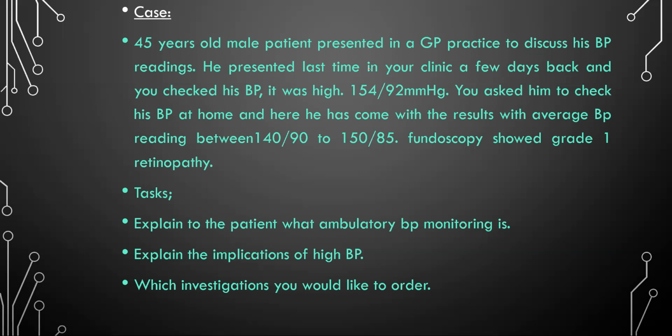Now, do we need to do any investigation to rule out secondary causes? According to the Australian guideline, not every hypertensive patient needs to have the full investigations for secondary hypertension, because you might end up doing a lot of unnecessary investigation.